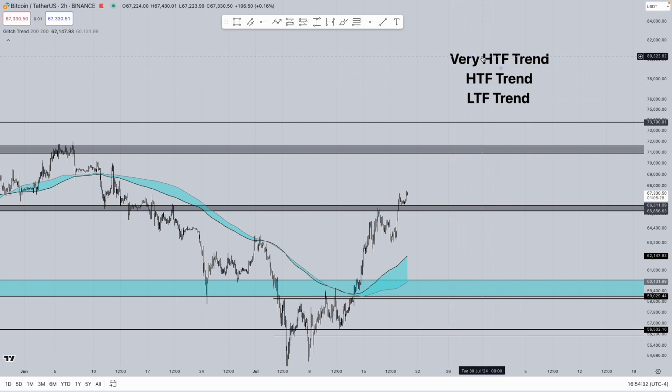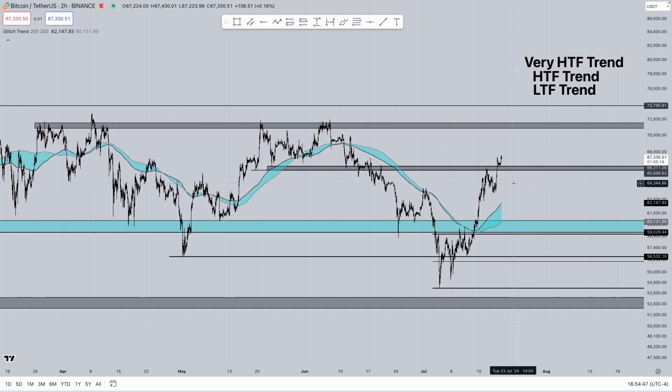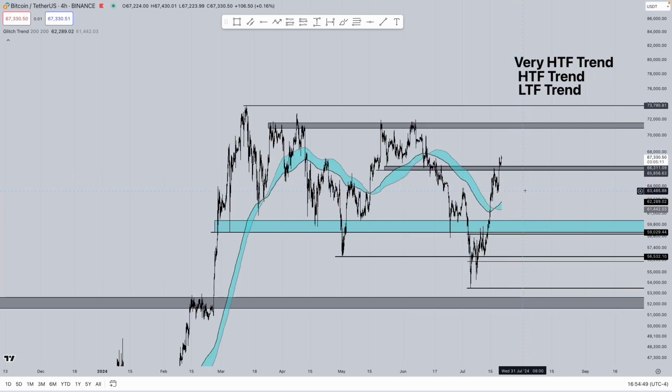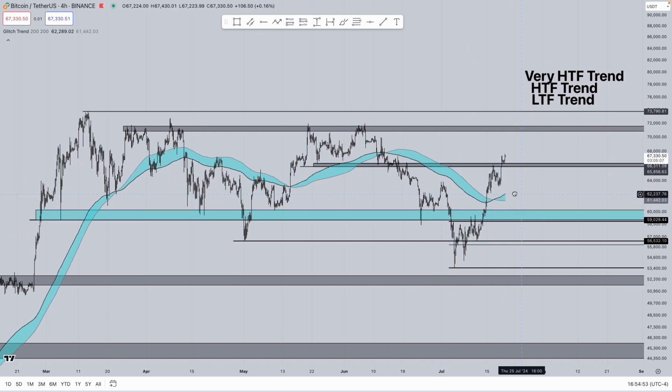Not always will there be a very clean trend for all of these, but what you want to do is try to find 3 trends. So the very high time frame trend, then a high time frame trend and a low time frame trend to trade with. So how we do this is we start out here on the 4-hour time frame. All you're going to do is have this indicator added to your chart.